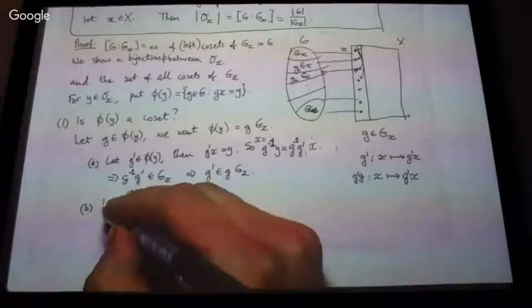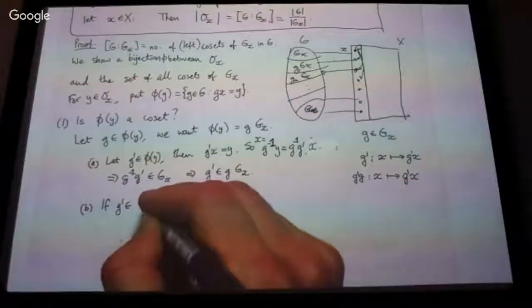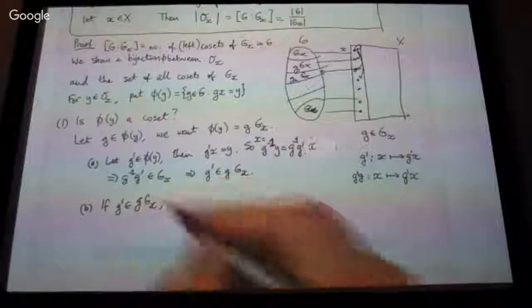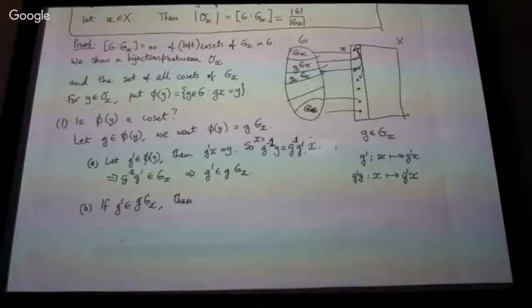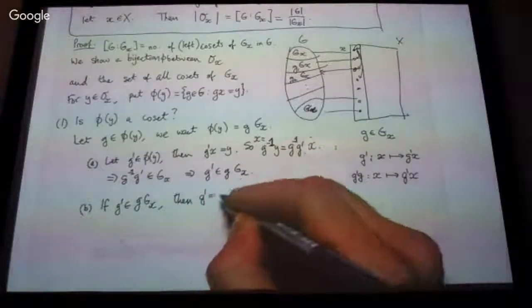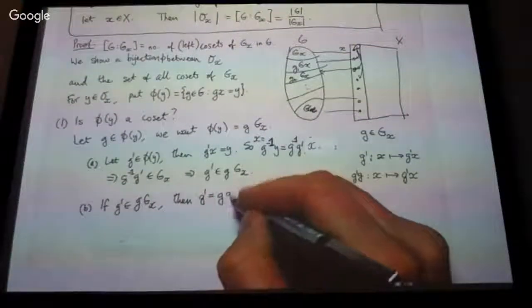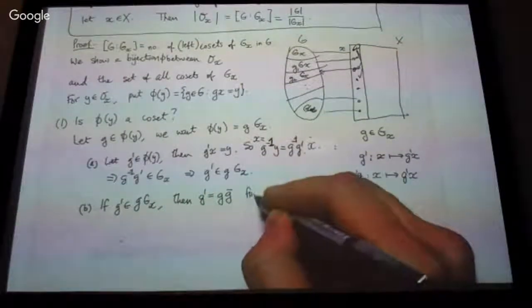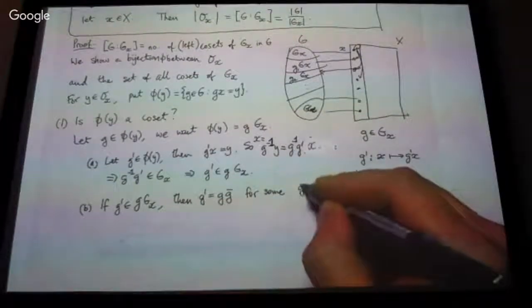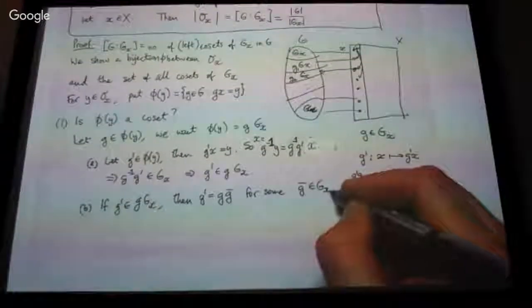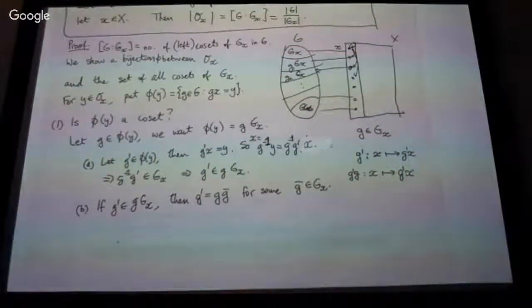Now, if g dash is in g times the stabilizer, what does that mean? That means that g dash can be written as g times some element g bar which is in the stabilizer.